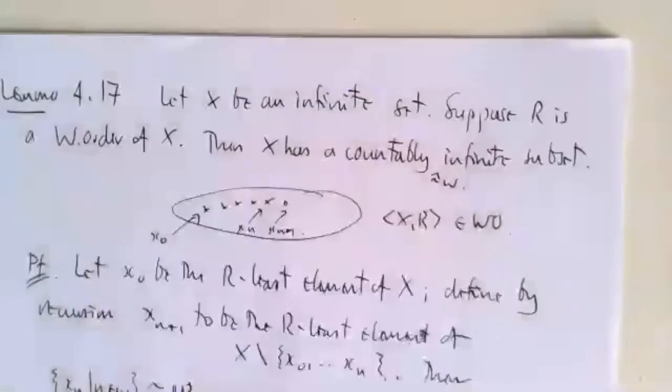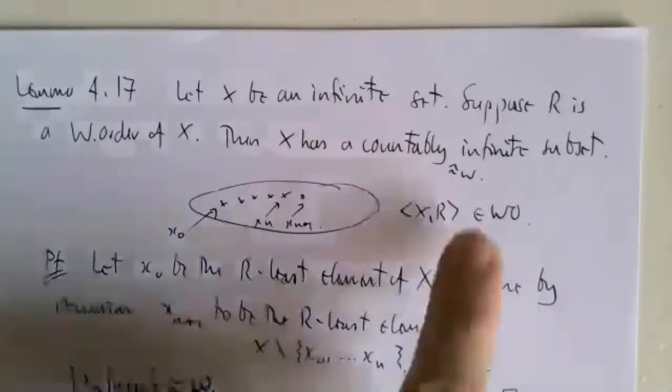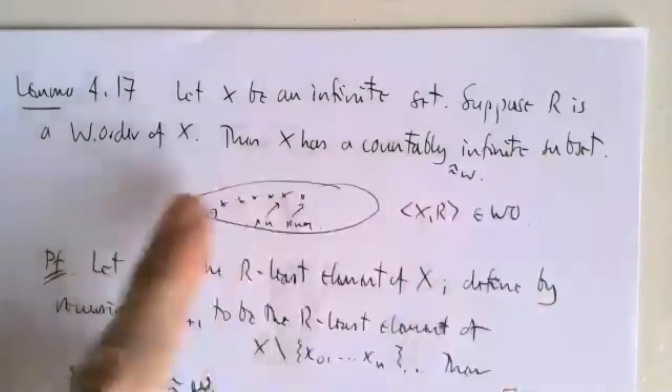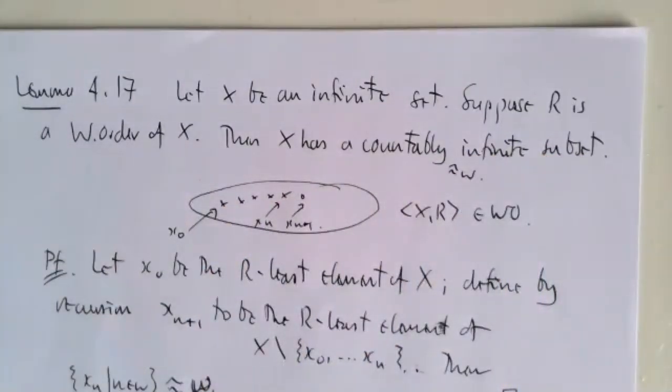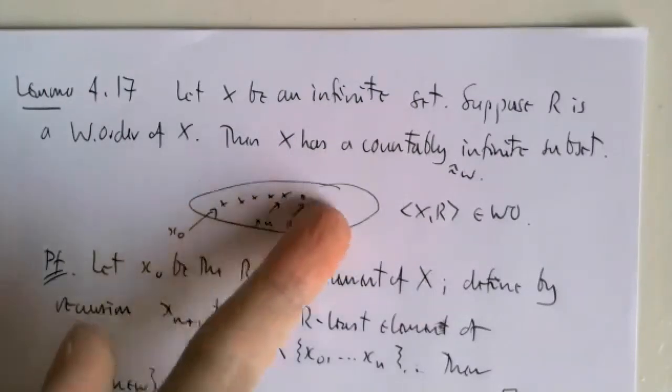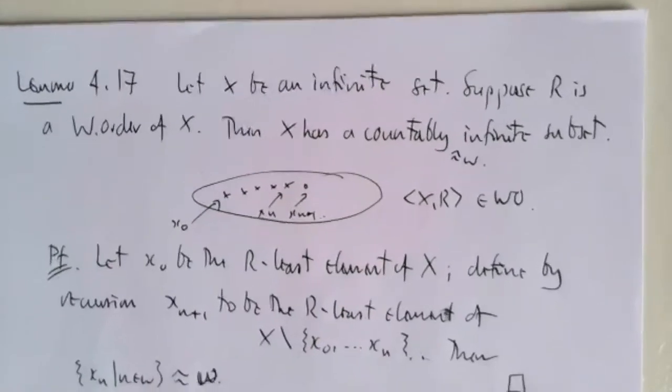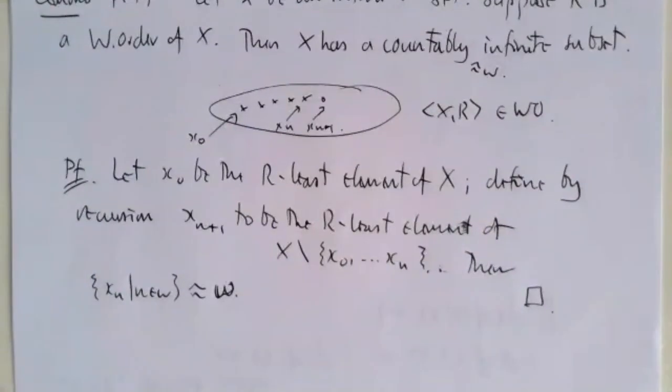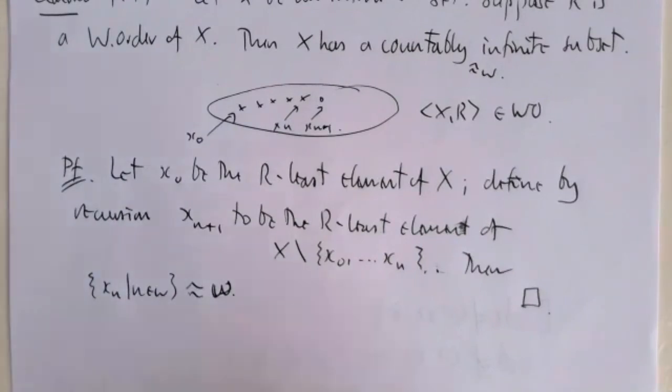But I couldn't have said that argument without knowing that R well-ordered X. Otherwise, how am I going to do this recursion? I can't do it without this R mechanism that allows me to keep picking the next thing. So knowing that sets are well-ordered is terribly useful. And in fact, we're going to assume that as part of our set of axioms about sets.